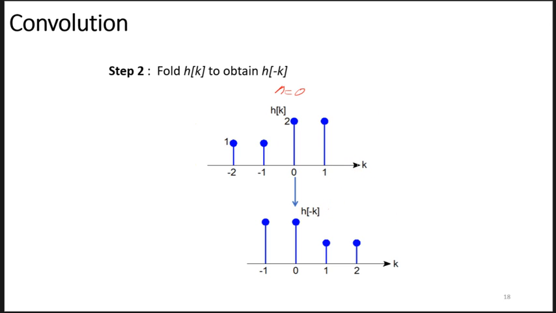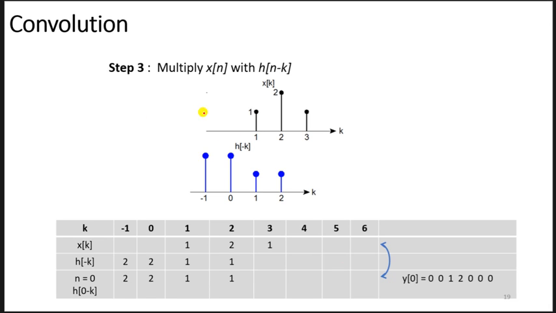Now, once you have completed that, okay, so you multiply each sequence. So, ni kena multiply. Okay, sorry, you kena align dulu ya sequence ni. Xk dengan H minus K, alignkan kosong dengan kosong. So, this is kosong, dia align kat sini. Ni adalah negative 1, align. So, you have to multiply each of the sequence.